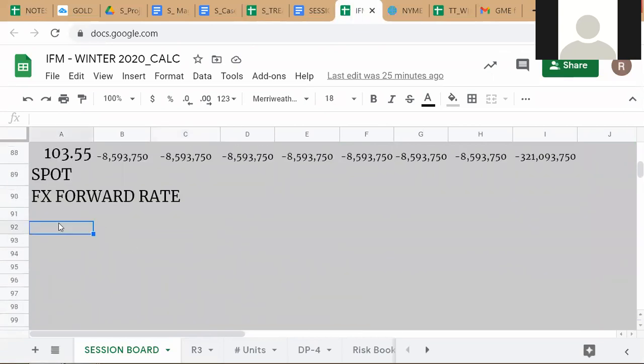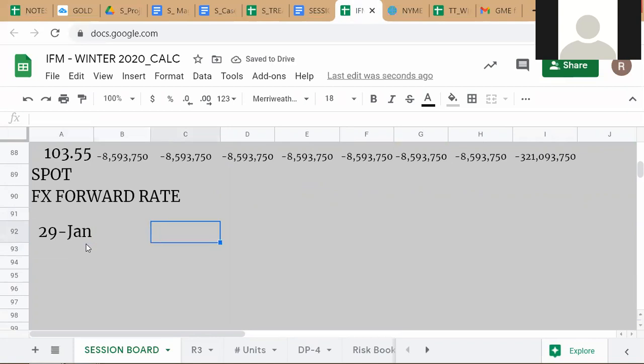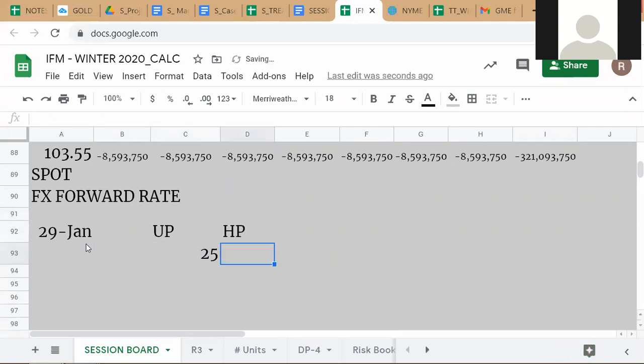You have your UP, and then we may have to set up the HP. The UP is 25. Initially the HP is minus 25.